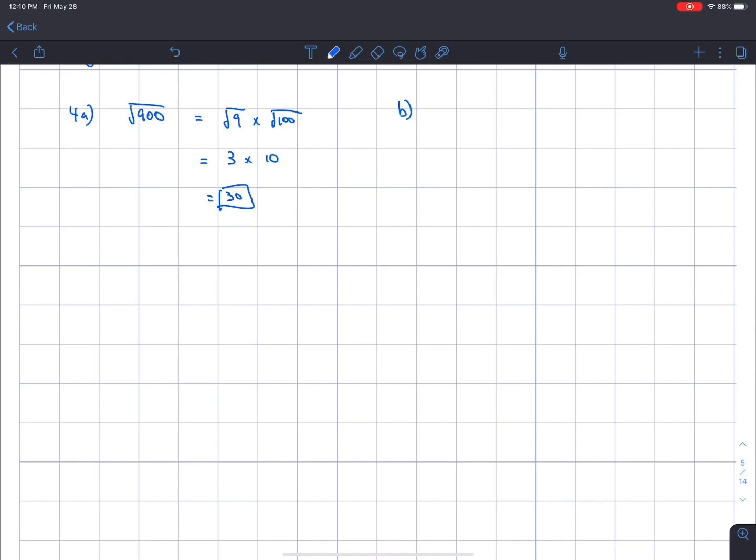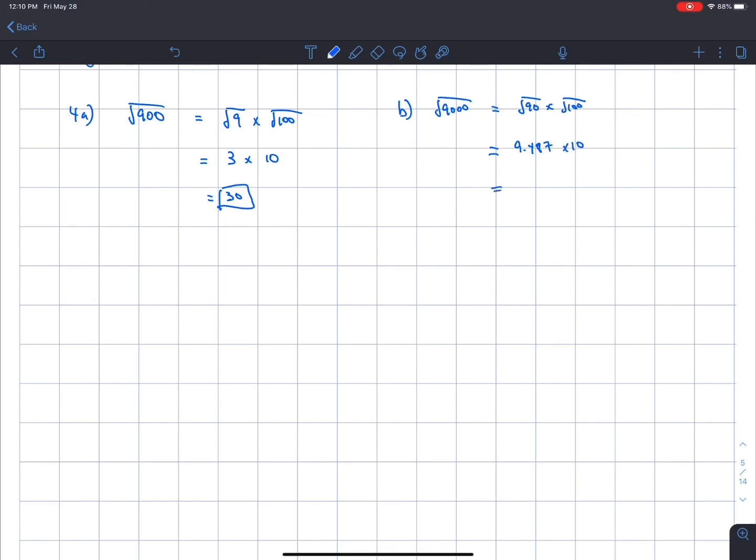B, the square root of 9,000. Same idea, I'll just take out the 100 because the square root of 100 is 10. You cannot take out 1,000 because the square root of 1,000 is not a perfect square, meaning that it won't give you a nice whole number answer. If you look at the top, the square root of 90 is 9.487, and the square root of 100 is just 10.